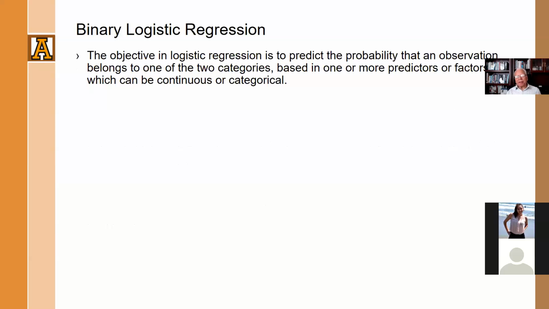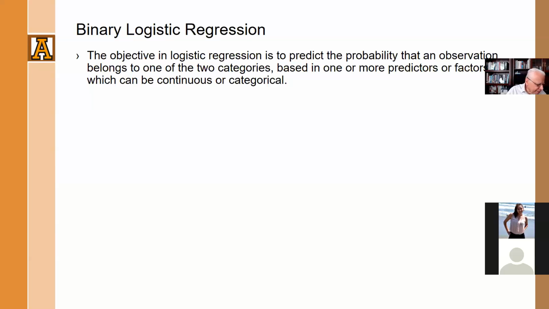Now, as I said, linear discriminant analysis and quadratic discriminant analysis are restrictive because of the nature of what is required on the predictors. So we'll look at other methods. One method that's used very often is logistic regression.